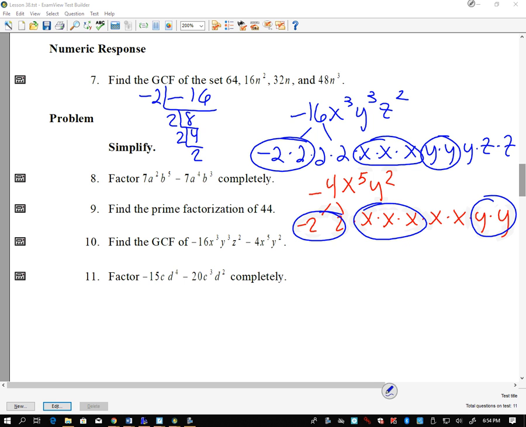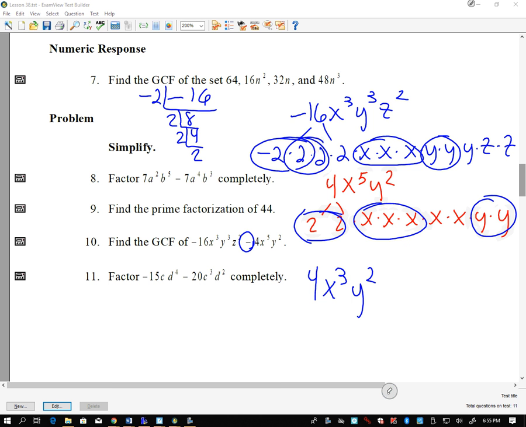And that set doesn't have any z's, so we wouldn't include that. We could have picked out those 2's and 2's. So in any case, we get 4 x cubed y squared is the greatest common factor of those two terms.